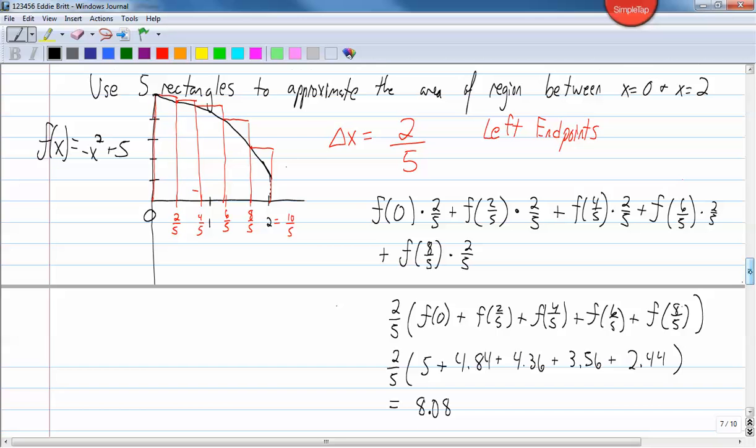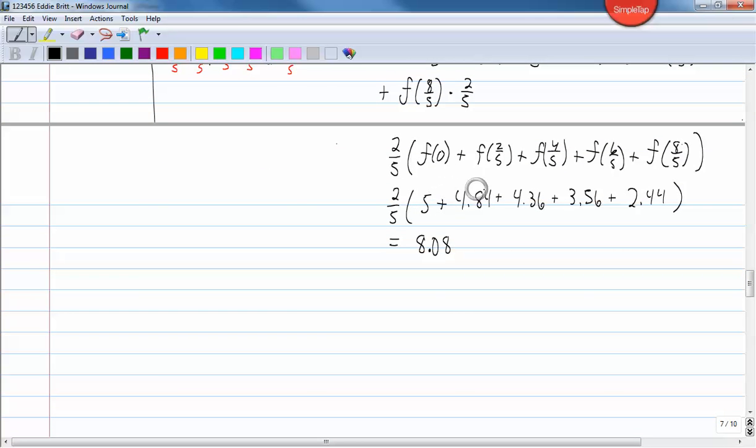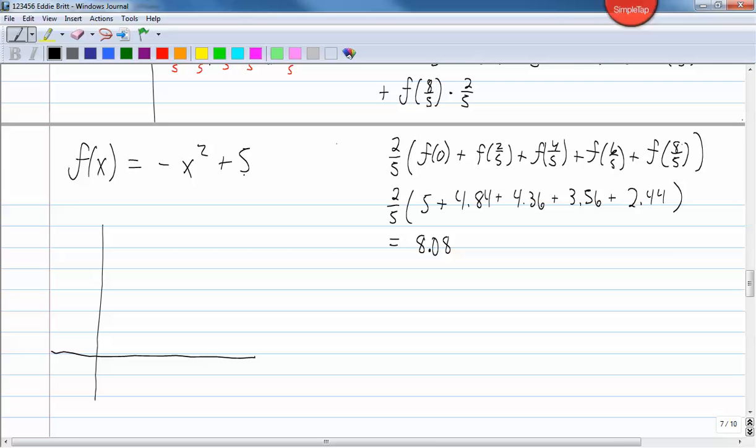Let's look at the same problem, and we'll actually be able to use some of these values again, so it won't take us as long this time. But let's look at the same problem if I was to use right endpoints. Alright, so I know this is 5. I'm going to space this x out a little bit.